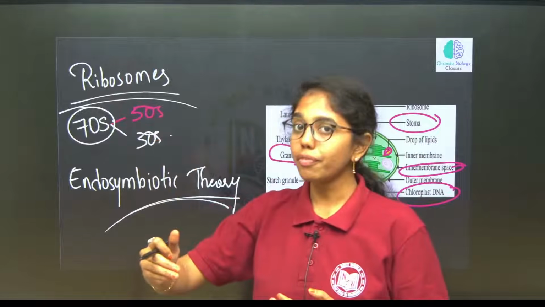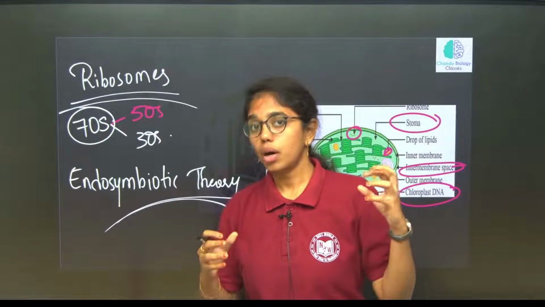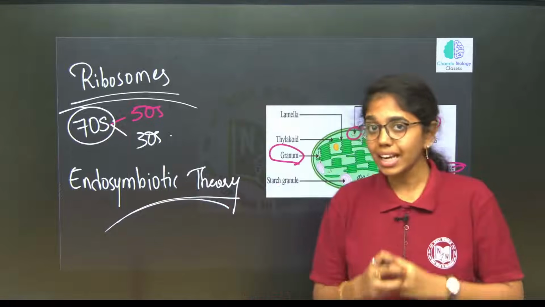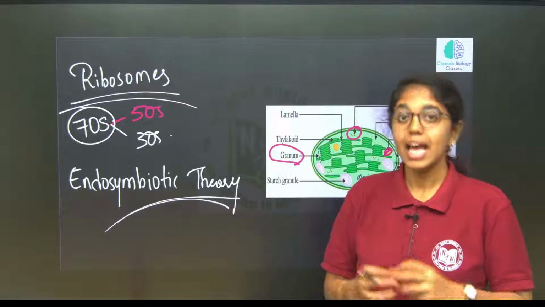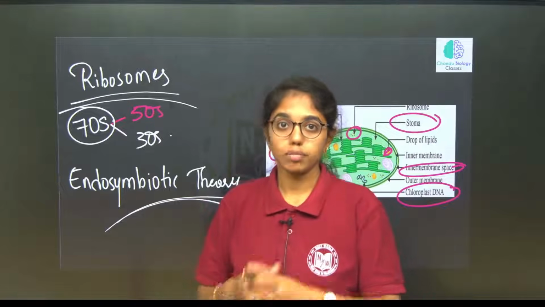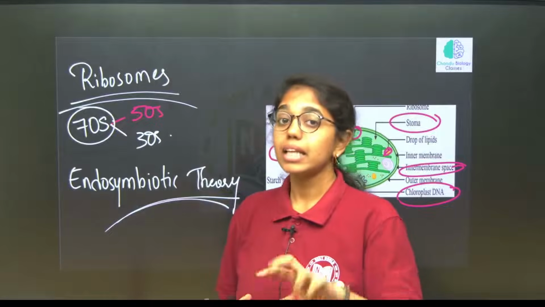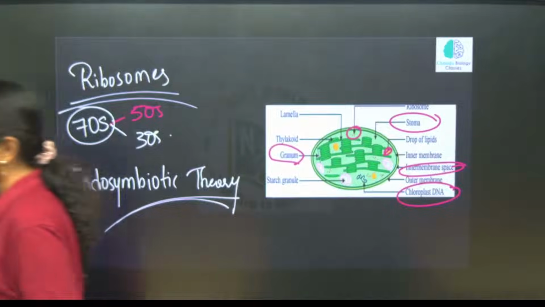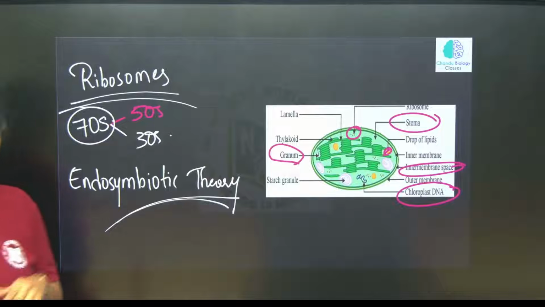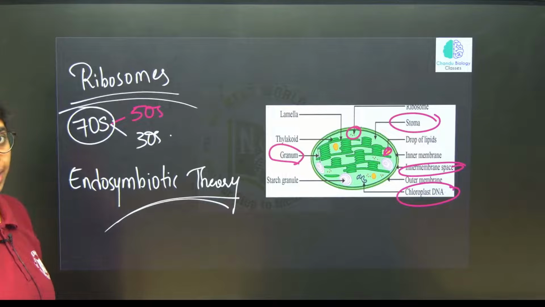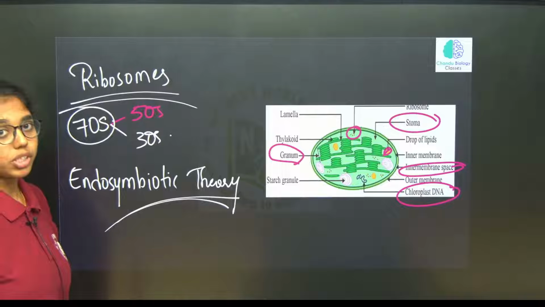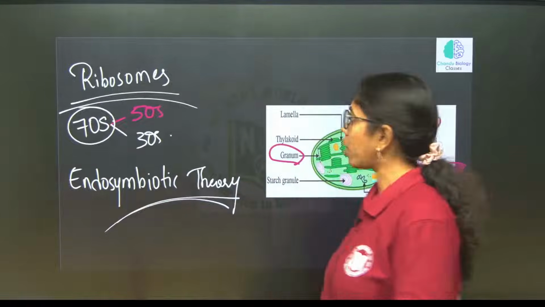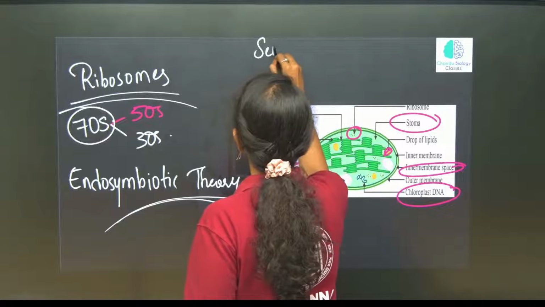In the process of evolution, these prokaryotic cells, that is mitochondria and chloroplast, were engulfed by the eukaryotic cell, and they became part and parcel of the eukaryotic cell. But still they resemble the characters of the prokaryotic cell, that is having 70S ribosomes and double stranded circular DNA. As they are possessing the double stranded circular DNA, both chloroplast and mitochondria are called as semi-autonomous cell organelles.